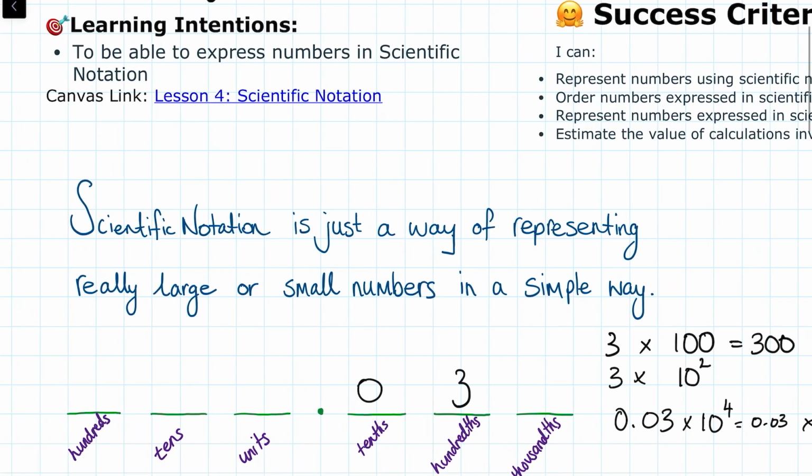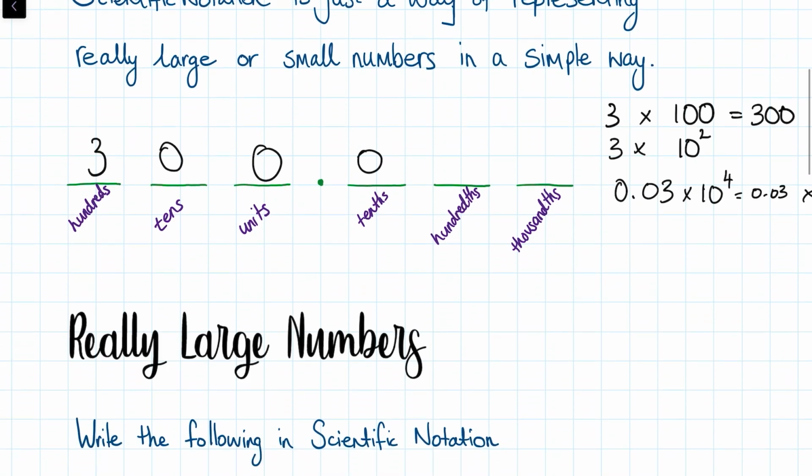So what I'm actually doing is I'm picking up this number 3 and I'm sliding it 1, 2, 3, 4 places. And then we're putting zeros to fill in the place values that are left over. Effectively, scientific notation is just physically writing down this movement pattern. So let's look at some examples.